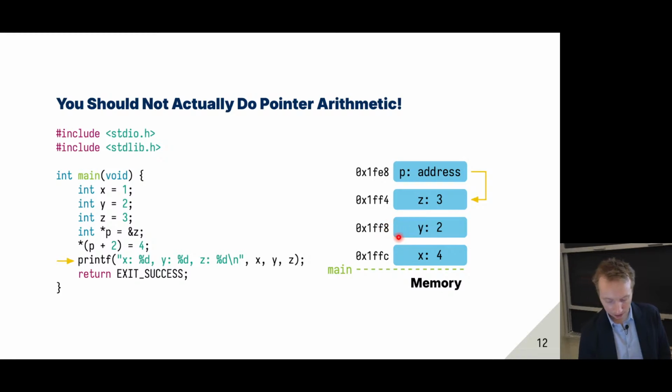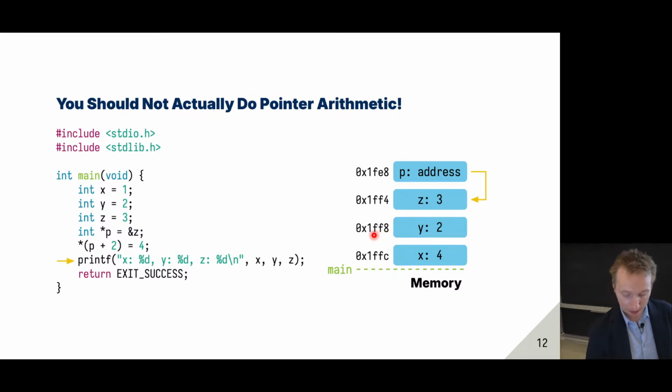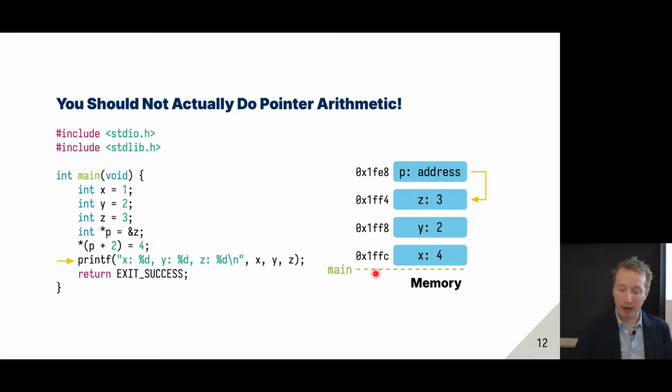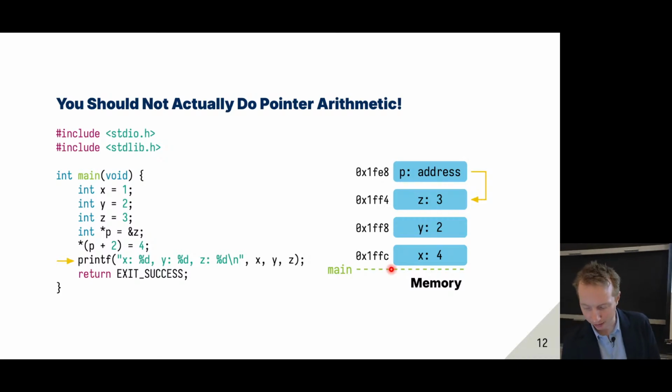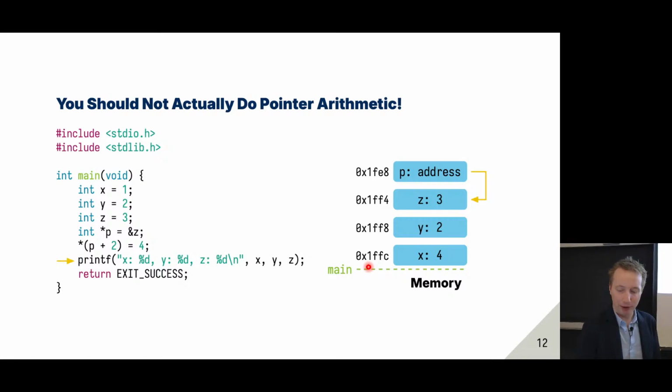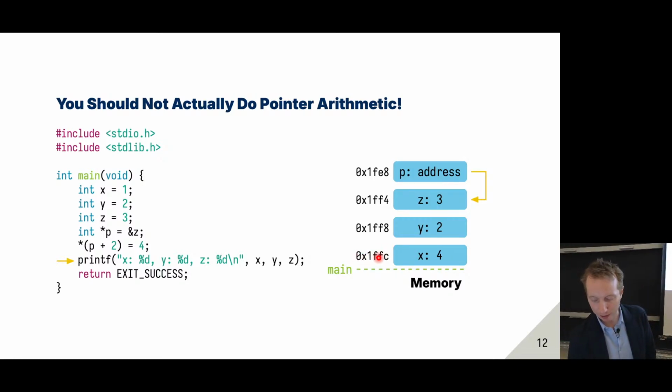And how y got those addresses, we just followed the rules of C. The rules of C just say that the address of this will be lower than the address of this.